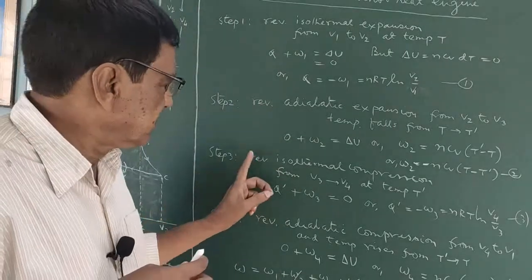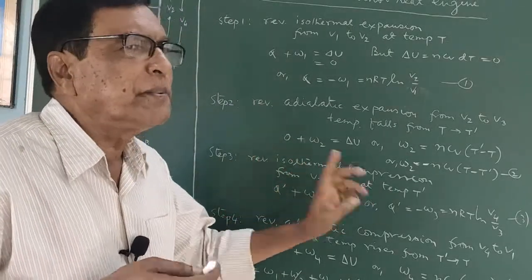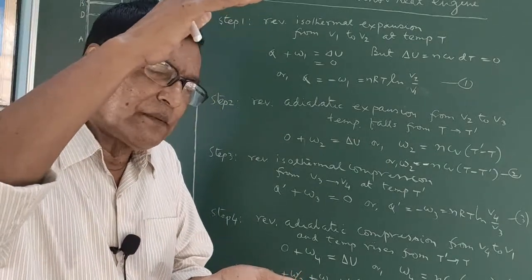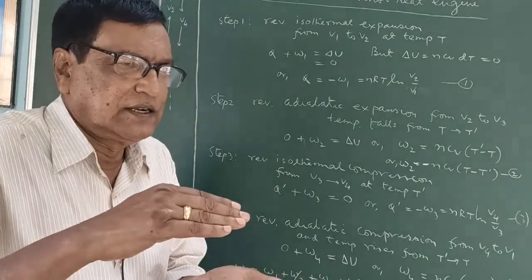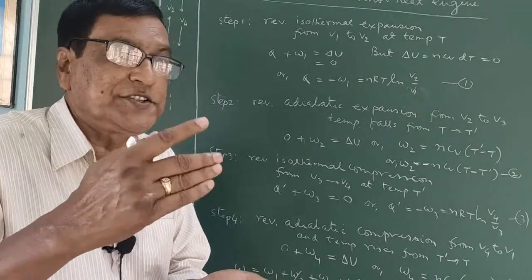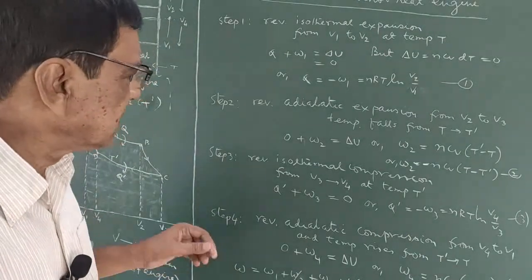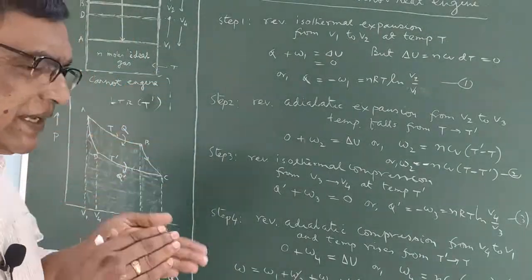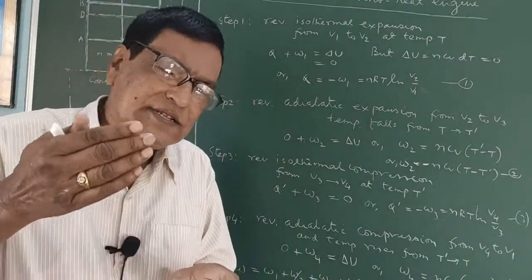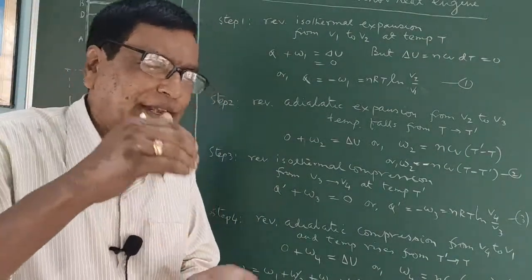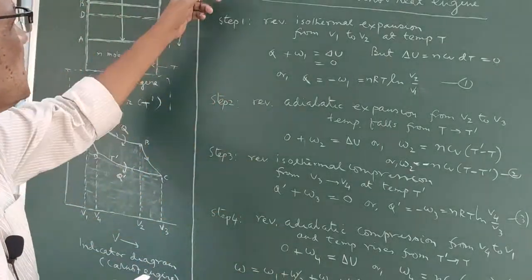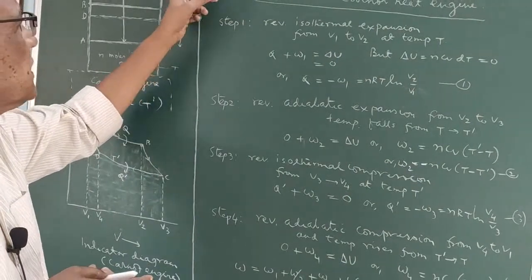Now this third step, reversible isothermal compression, means the piston is now coming back in order to reach the initial state. In this case, sand grains are again loaded over the piston to raise the pressure from P3 to P4.